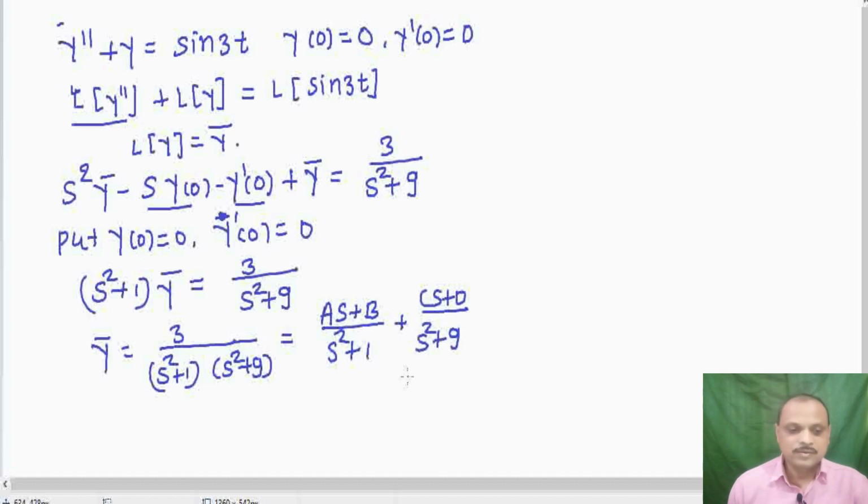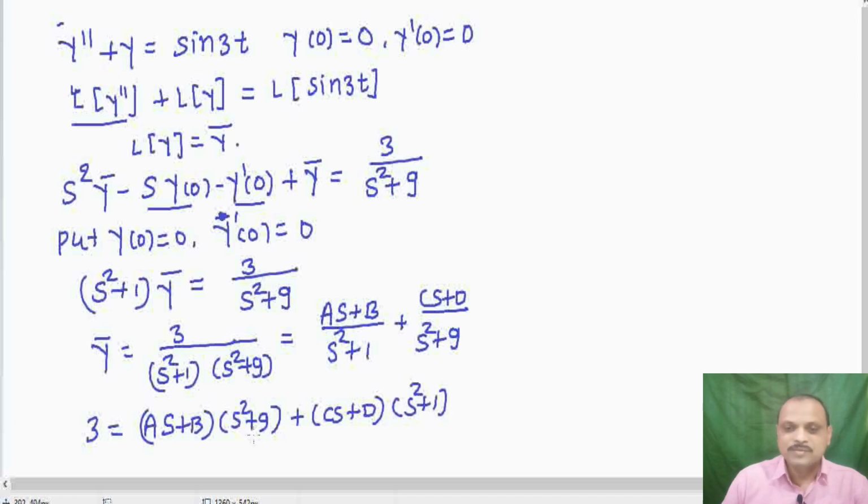Now you can see that here 3 equal to as plus b into s square plus 9, plus cs plus d into s square plus 1. Okay, so let us multiply this.